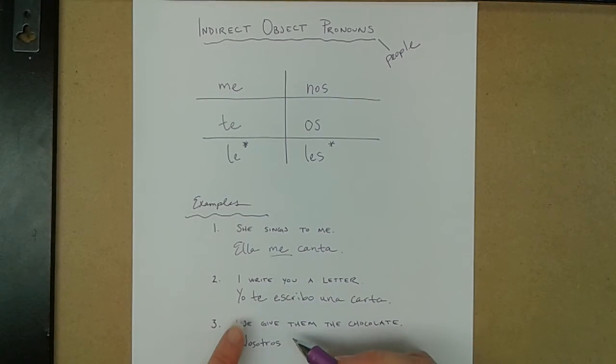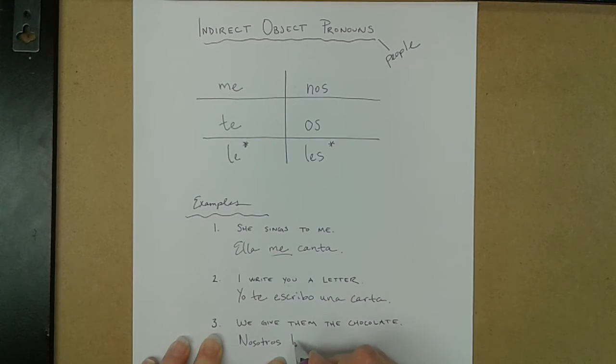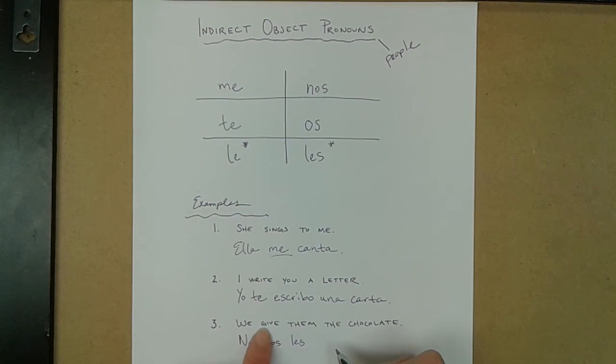And then we want to put in our IOP before our verb. So, nosotros les. And give, we give, les damos. And then add the chocolate. El chocolate. Nosotros les damos el chocolate. We give them the chocolate.